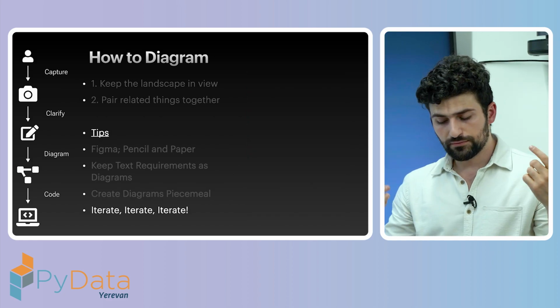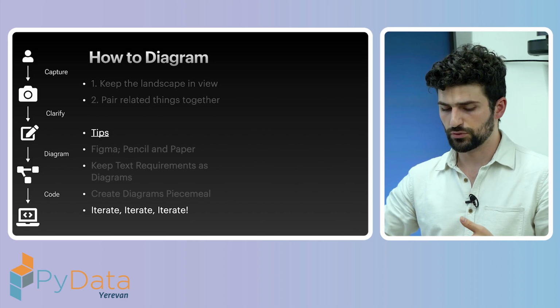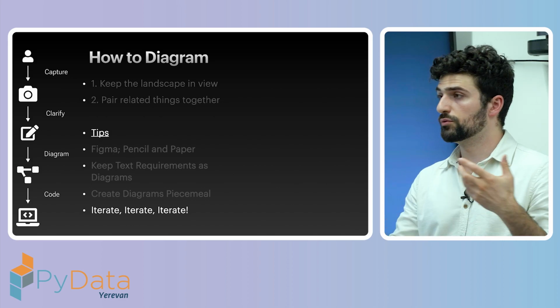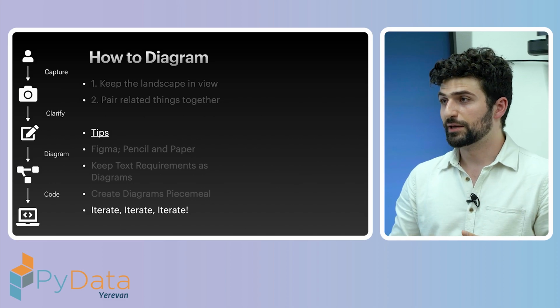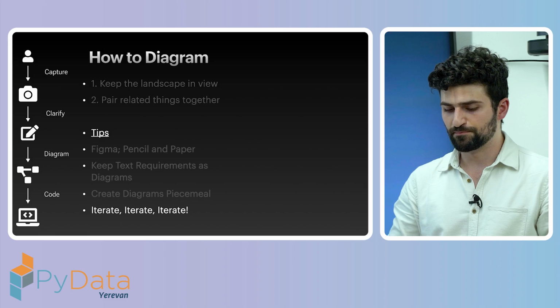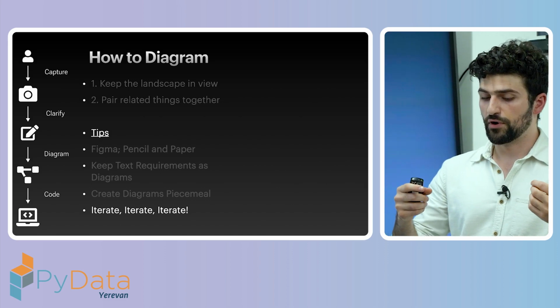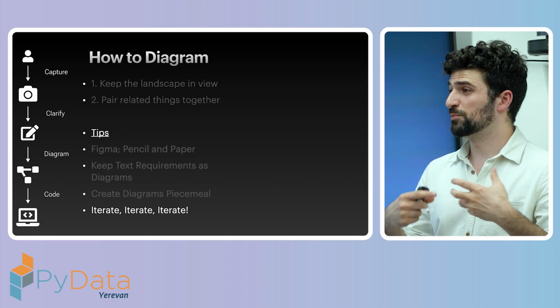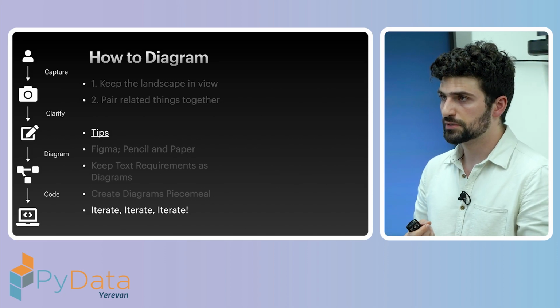And finally, you want to keep iterating. You want to keep trying new things. You always want to experiment. It's never the end. You can always go up and down the tree. A diagram can help inspire how to clarify the requirements.